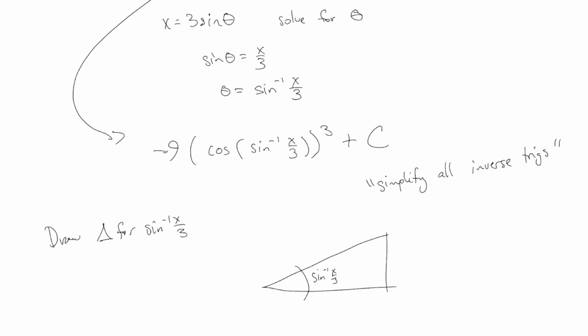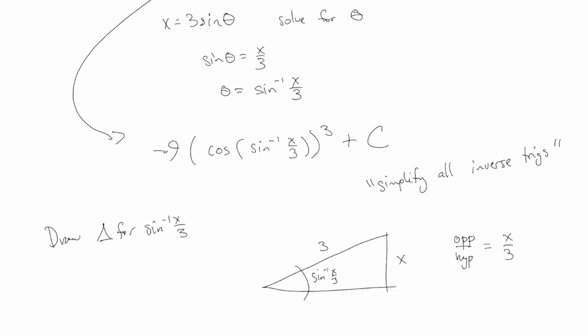The opposite over the hypotenuse is x over 3, because this is supposed to be an angle where the sine of this angle equals x over 3, and sine is opposite over hypotenuse. So x is my opposite, 3 is the hypotenuse, and then I want to find the cosine of that, because that's what I'm looking for up here.